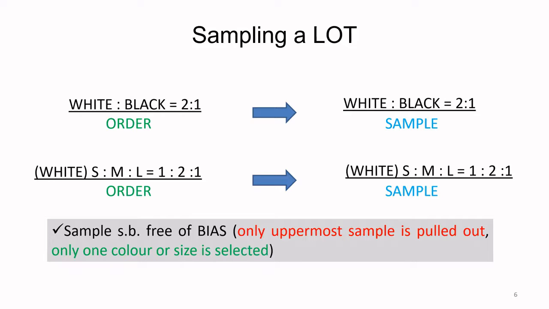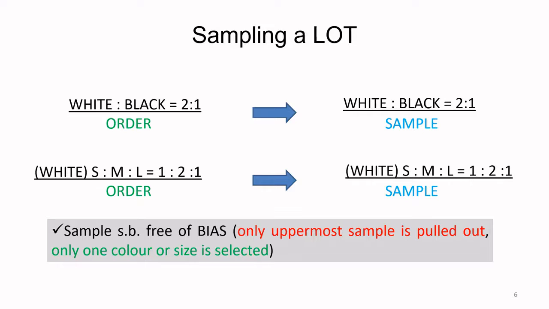Now, this is something very interesting. Sample should be free of bias. Meaning to say, don't open the carton and take out samples from the top. You shouldn't do that, because factories normally keep the best pieces on top. So what we do is, ideally we take some samples from the top layer, we take some samples from the bottom, and we take some samples from the middle, in order to remove the bias.